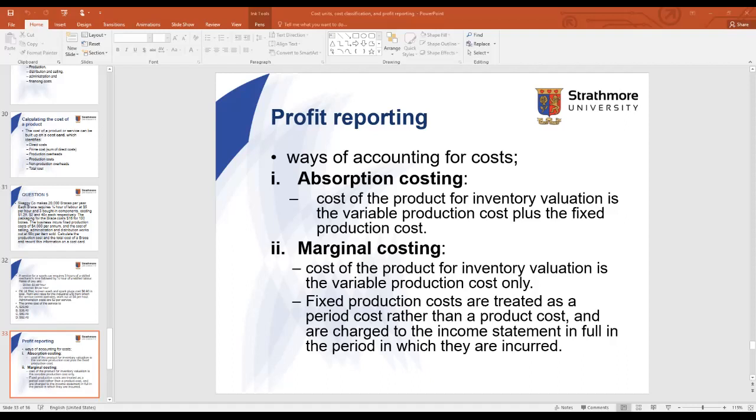In the case of the absorption costing method, the cost of the product for inventory valuation is the variable cost plus the fixed production cost.